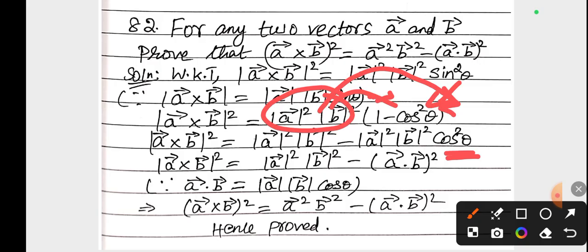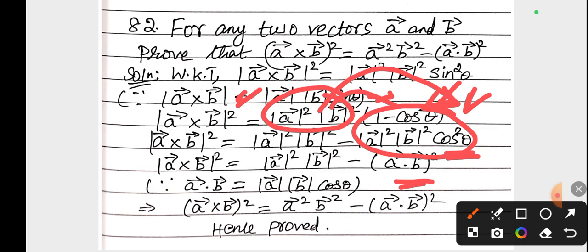Then this is nothing but definition. Sir, now only definition of cross product you written. Yes, now definition of dot product. So that is A vector dot B vector square. So only we are saying the sum is important. Cross product definition also included, dot product also included. So that's it. So in simpler terms, after multiplying sine square theta we are writing 1 minus cos square theta.